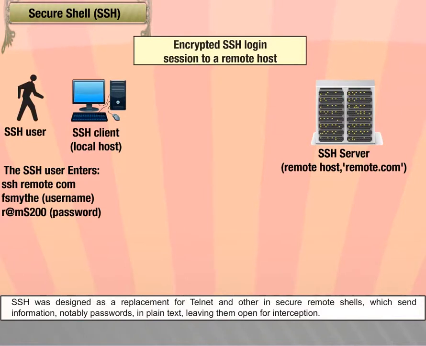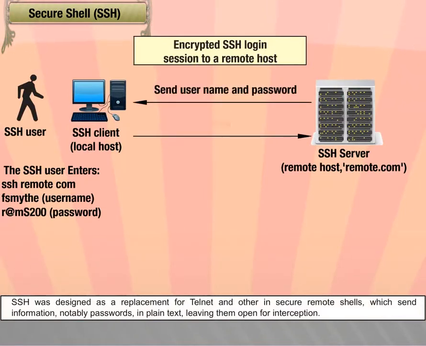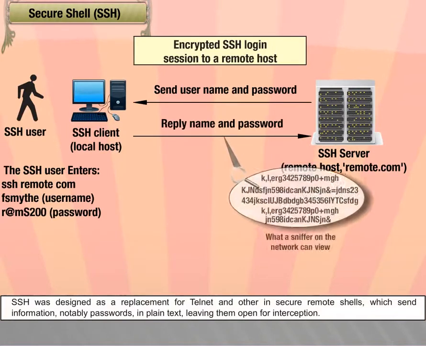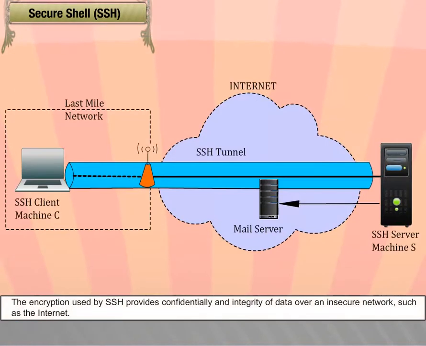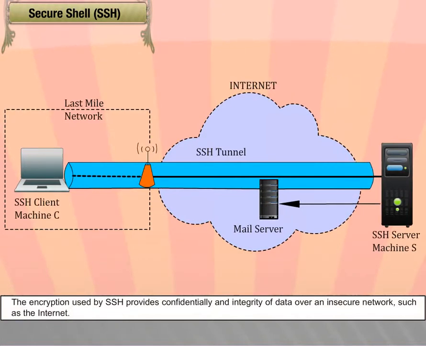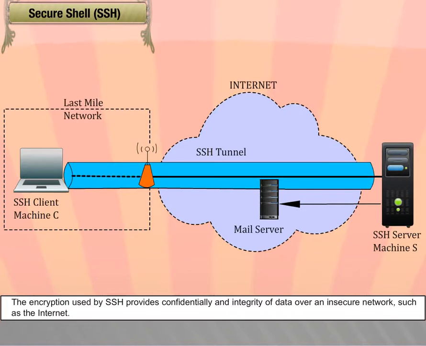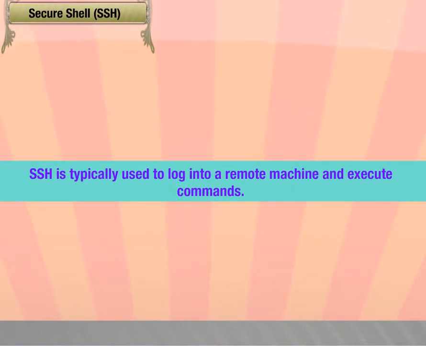SSH was designed as a replacement for Telnet and other insecure remote shells, which send information, notably passwords, in plain text, leaving them open for interception. The encryption used by SSH provides confidentiality and integrity of data over an insecure network such as the Internet. SSH is typically used to log into a remote machine and execute commands.